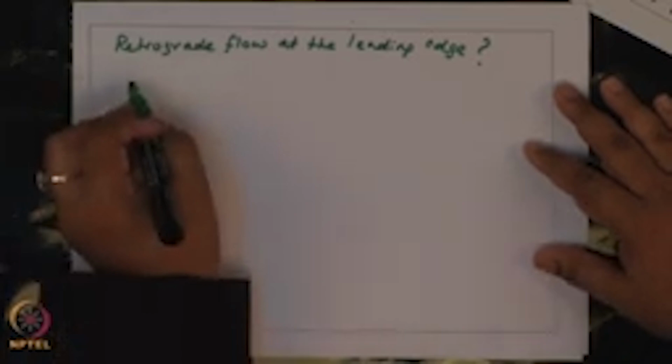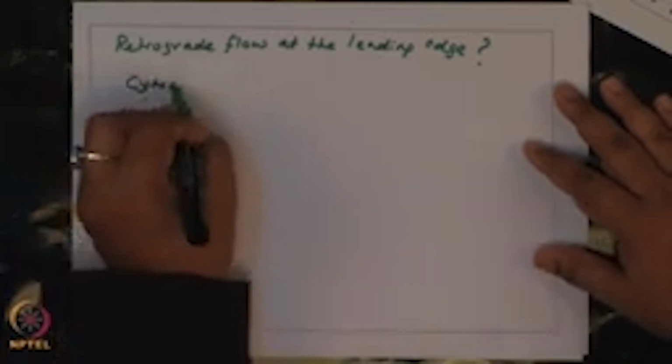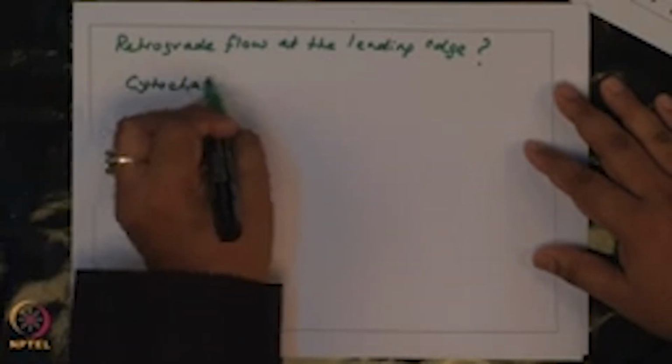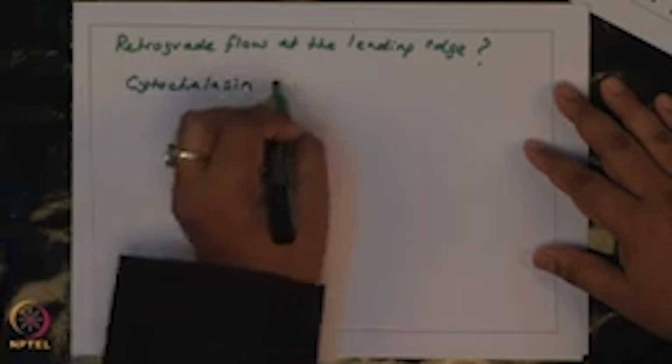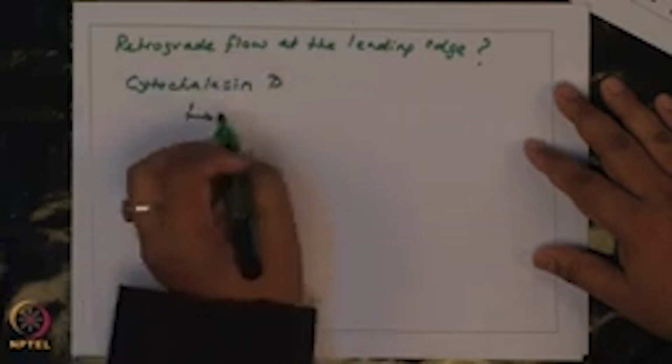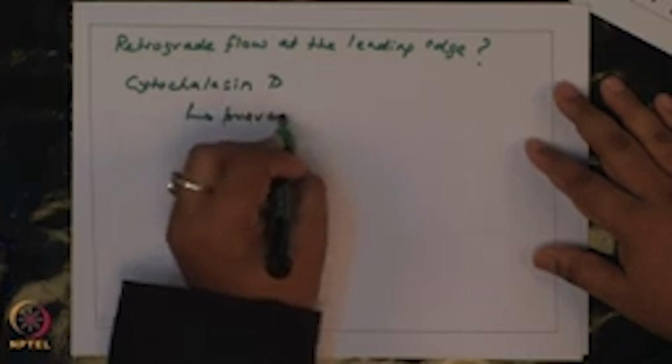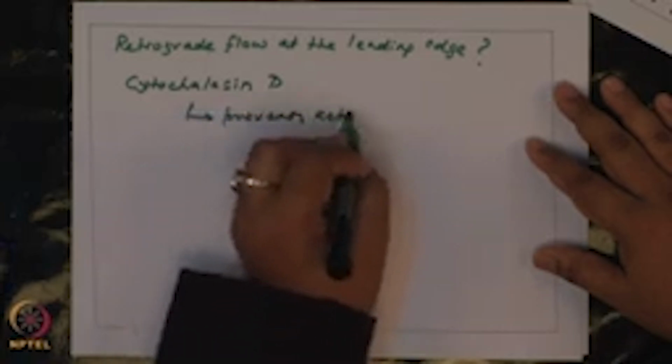To answer this question, the authors treated cells with cytochalasin D. This drug prevents actin polymerization.